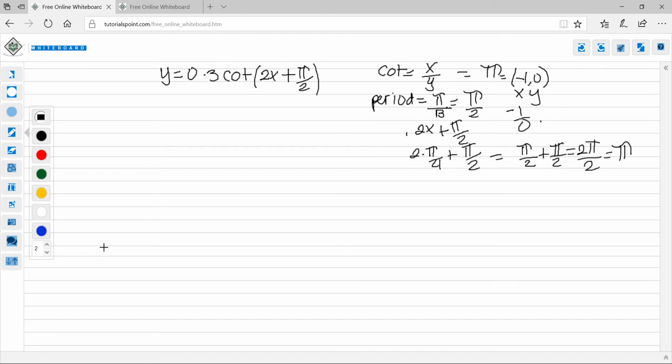Also, our amplitude is the absolute value of 0.3, which is 0.3. This is not our max and min, so let me graph it.